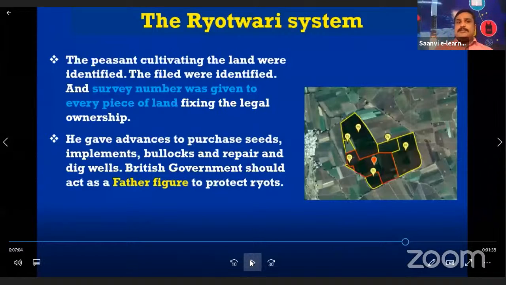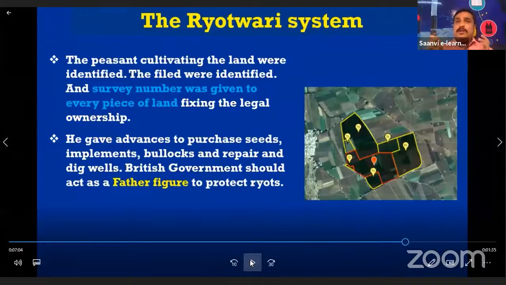Under this Ryotwari system, the government or authority gave advances to purchase seeds. Here you can clearly see that they are concentrating on the improvement of the land and more cultivation. Anyway, they are collecting tax, fine. But when we discuss the zamindari system, the zamindar is like a monarch. We can say that there were no proper rules and regulations on collecting taxes, and they acted like landlords in the society.